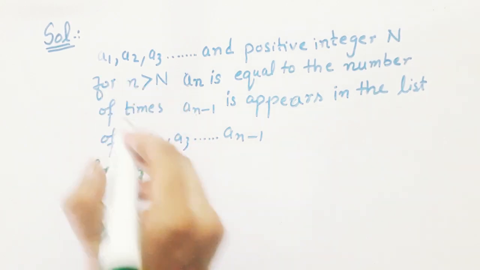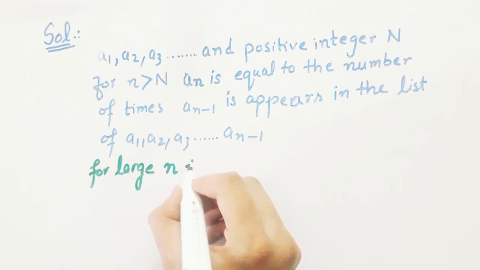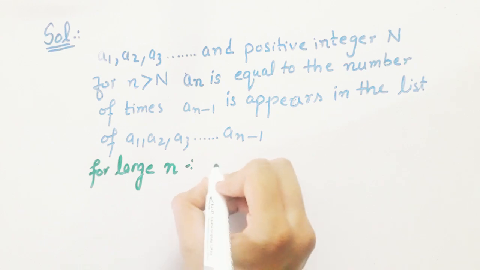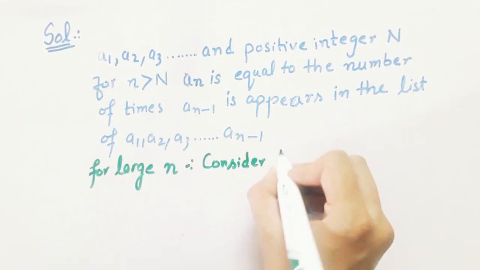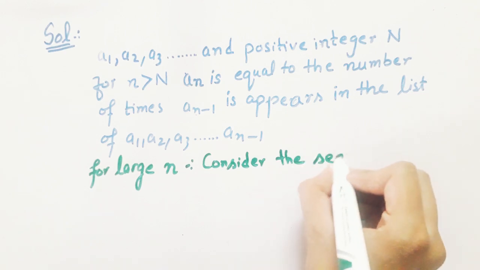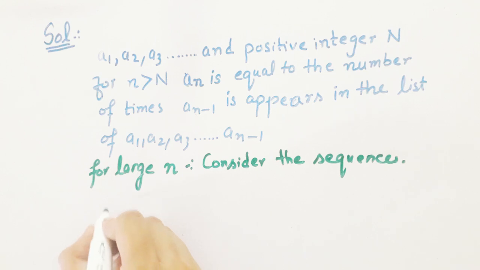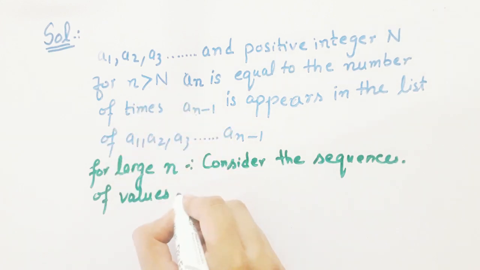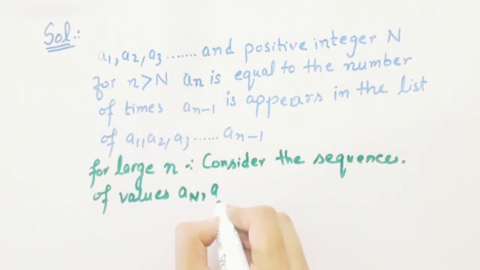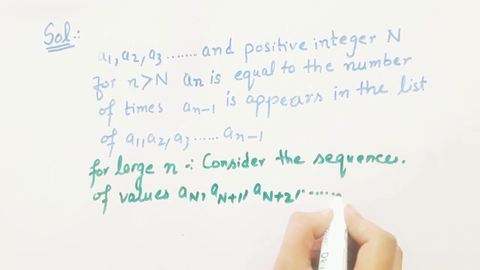Because we say that small n is greater than capital N, for large values of n, consider the sequence of values an plus 1, an plus 2, and so on.